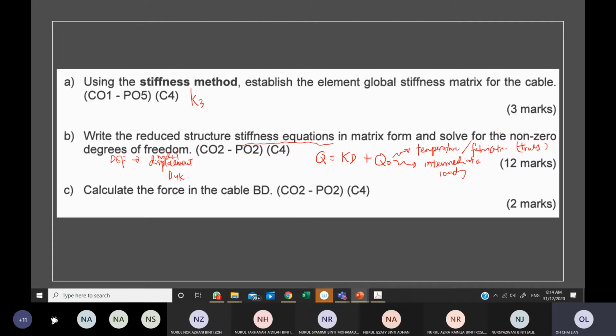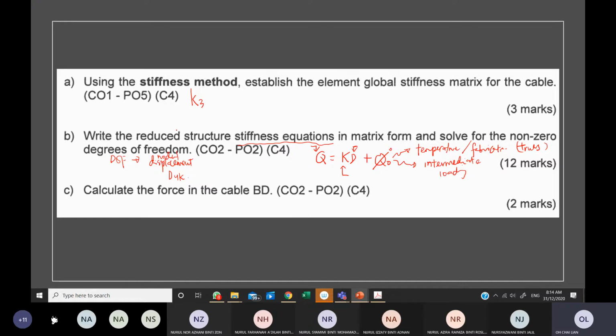In both cable and frames, this intermediate loading is not found. Therefore, Q naught is equal to 0 in this case. So here we want to determine the vector of Q, the force or load vector, the vector of D, the displacement vector, and also the structure stiffness matrix.